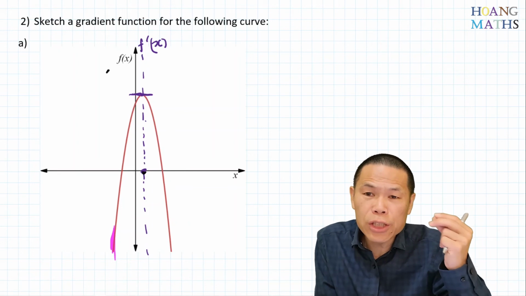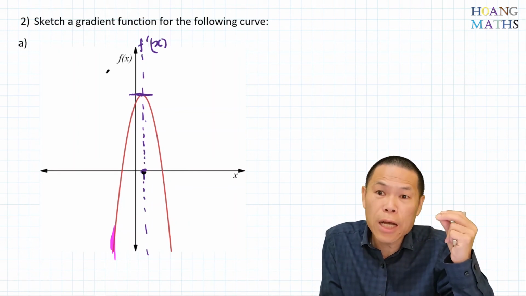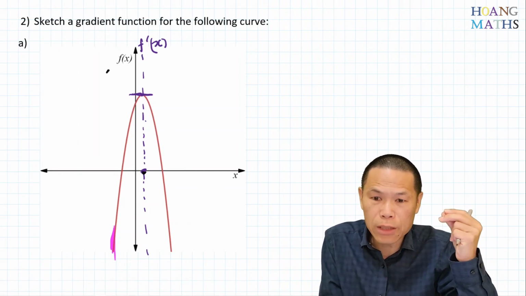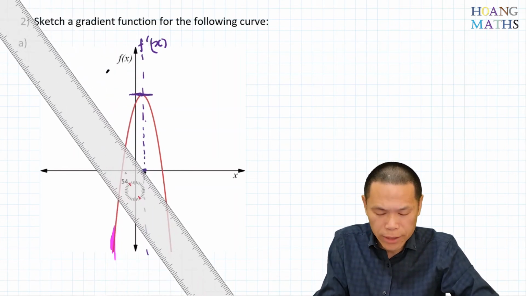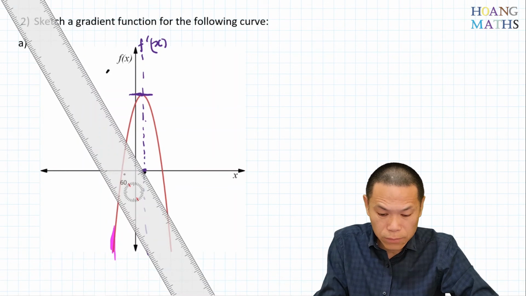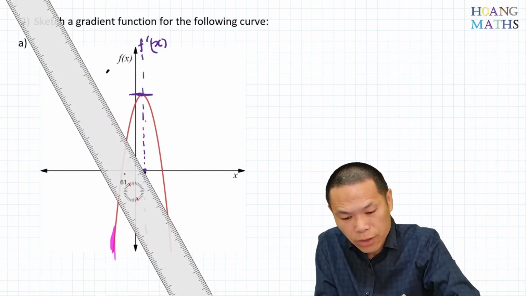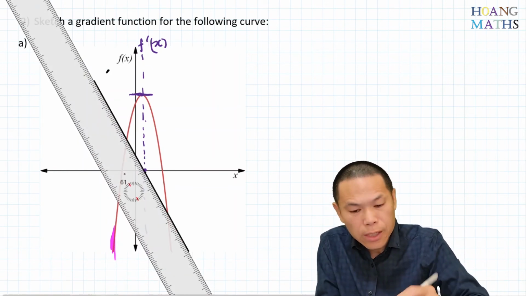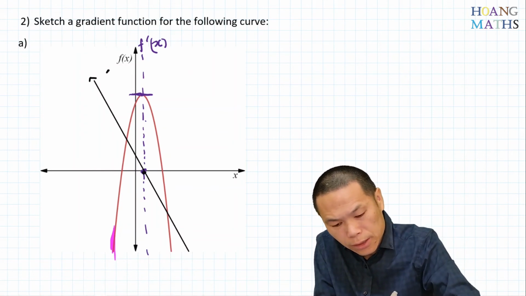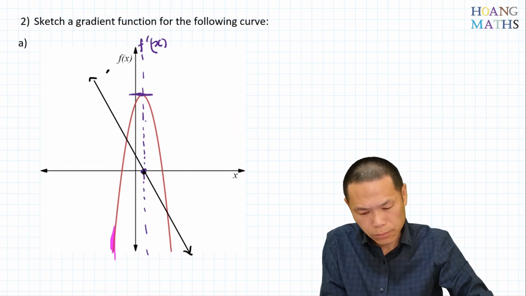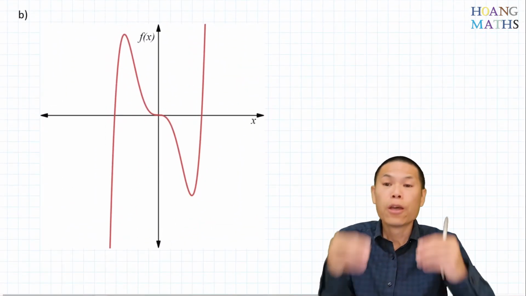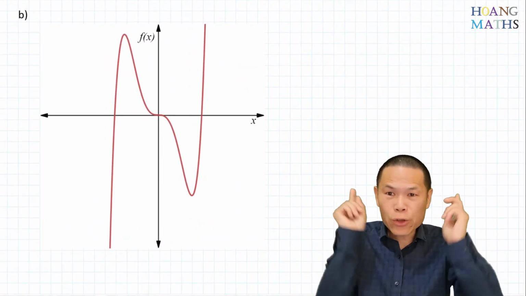And if the function is a parabola, the gradient function is a straight line, okay? Just remember that for me. So let me just use a ruler, and we just roughly draw a straight line across there. That will do. So this is f dash x. There you go. Please pause the video and try this one yourself.